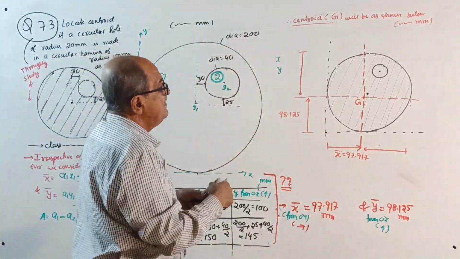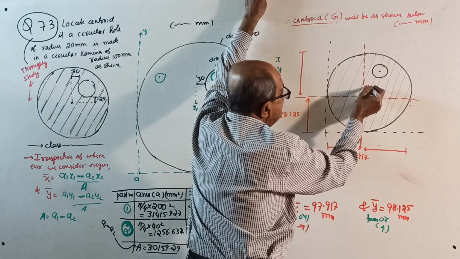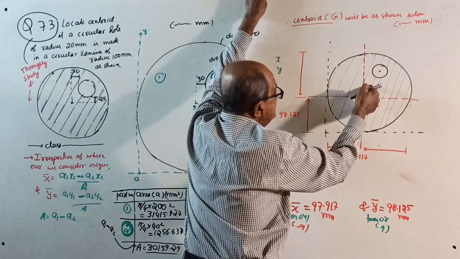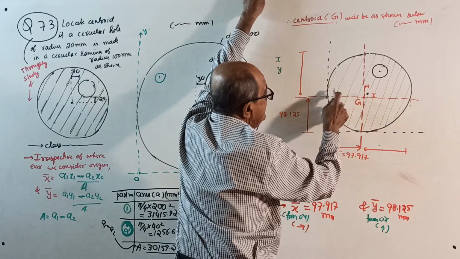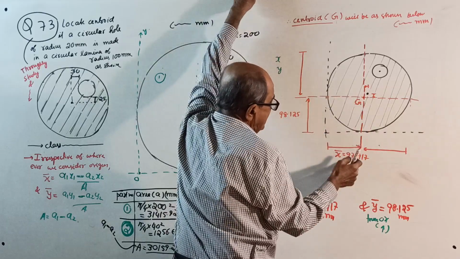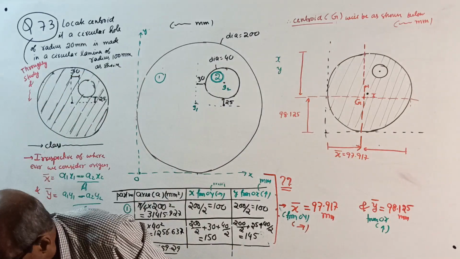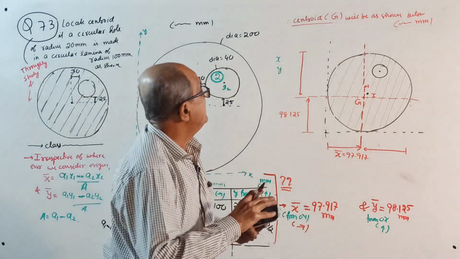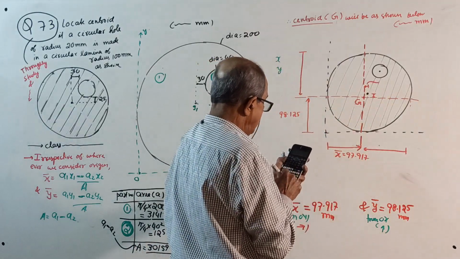Then you write this distance on the left side, this is down. Half of 200 is 100, so from 100 subtract 97.917.